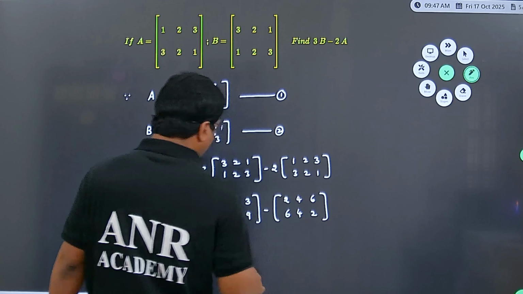On subtraction, you have to subtract the corresponding entries. 9 minus 2 is 7, 6 minus 4 is 2, 3 minus 6 is minus 3. Next, 3 minus 6 is minus 3, 6 minus 4 is 2, 9 minus 2 is 7. So this is the matrix 3B minus 2A.